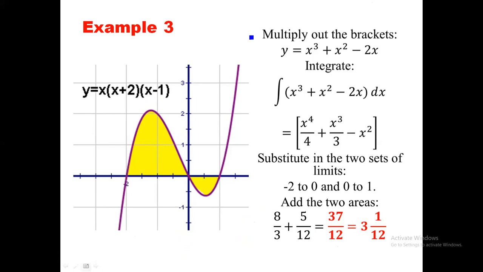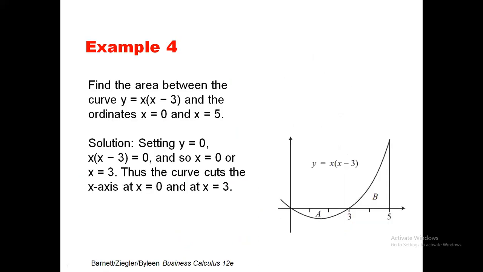So we'll have here the fourth example. Same thing as example 3, you have two areas here. Area A is below the x-axis and area B is above the x-axis. Your limits of integration will be the points of intersection of this curve, x squared minus 3x in expanded form, on the x-axis.